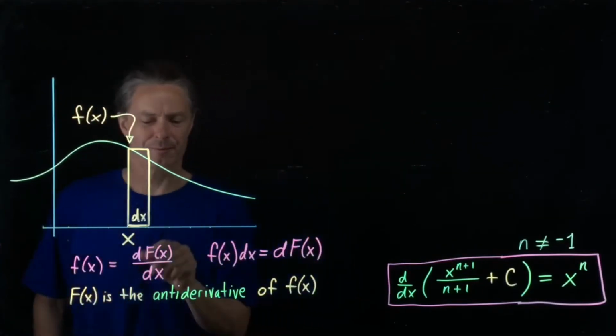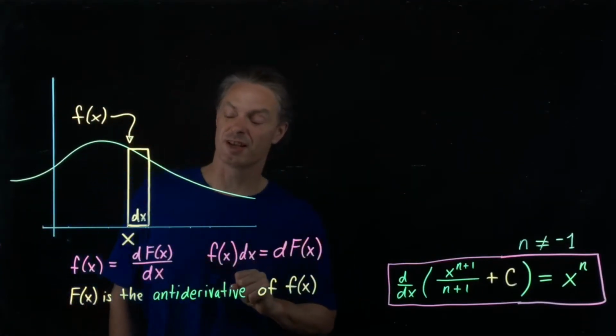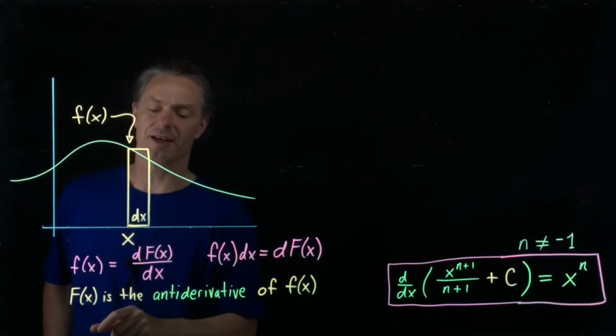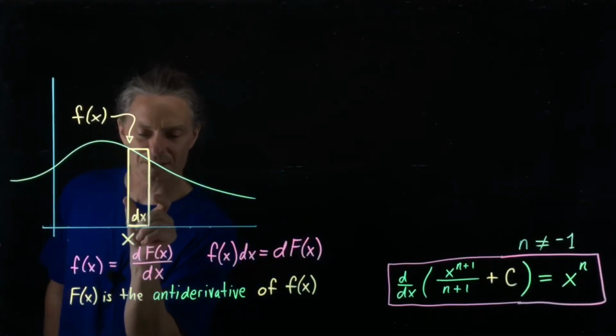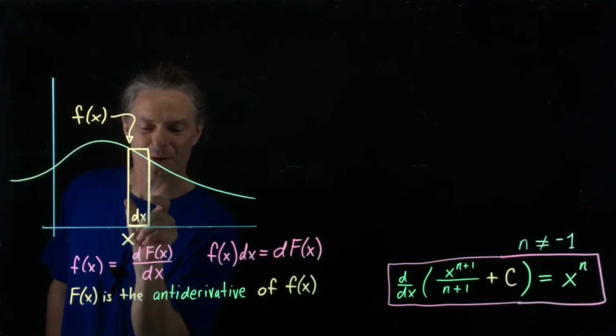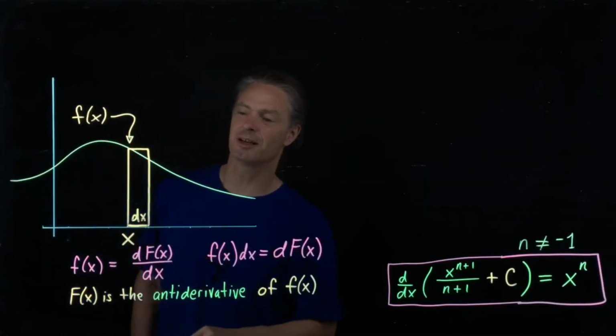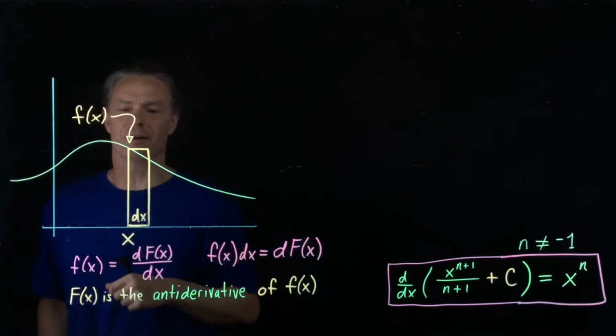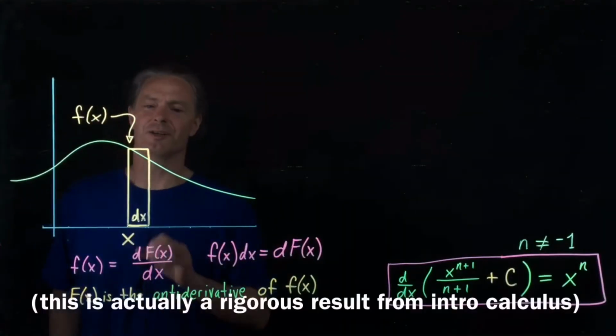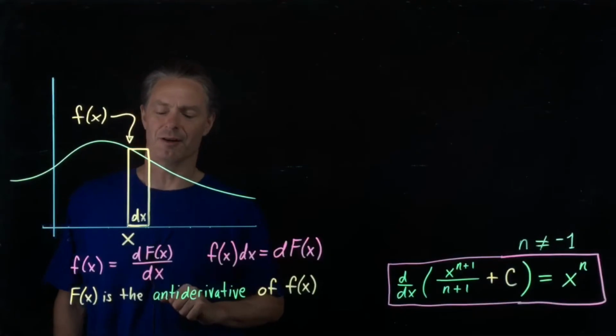But remember, dx is really an infinitesimal. I've drawn it more like a delta x. But if we imagine squeezing delta x down in the limit where delta x approaches 0, which is really what we're doing when we're thinking about a dx, this overlap area also approaches 0. And it turns out we don't need to worry about it at all.